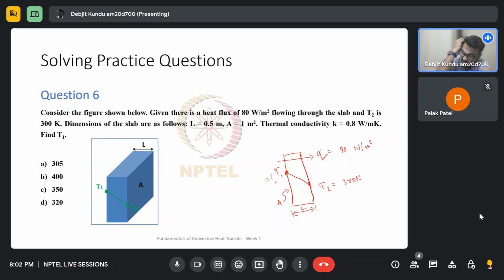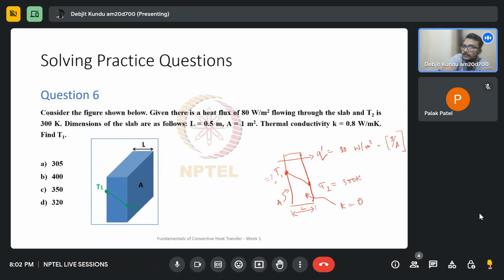And mind you, heat flux is given, not just the amount of heat per unit second or power. The flux is given, 80 watt per meter squared. So this is basically Q by A. The conductivity of the material is also given.